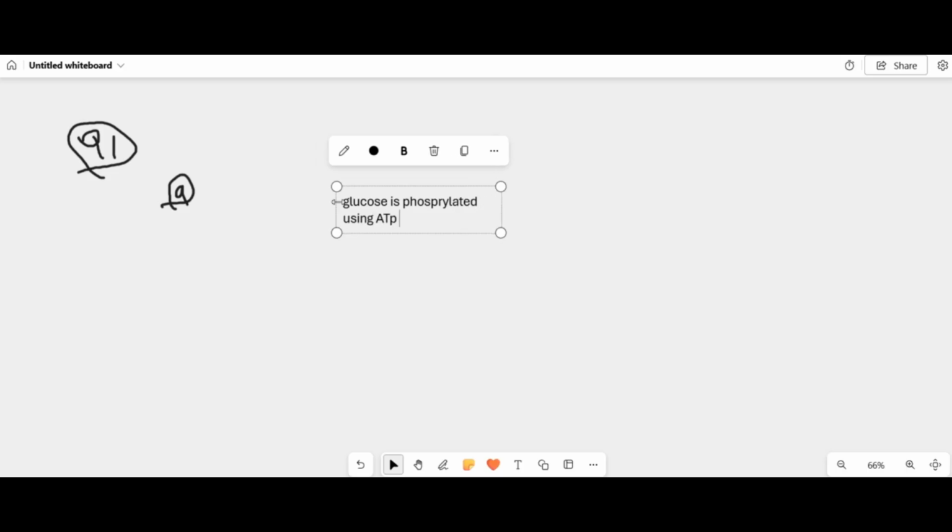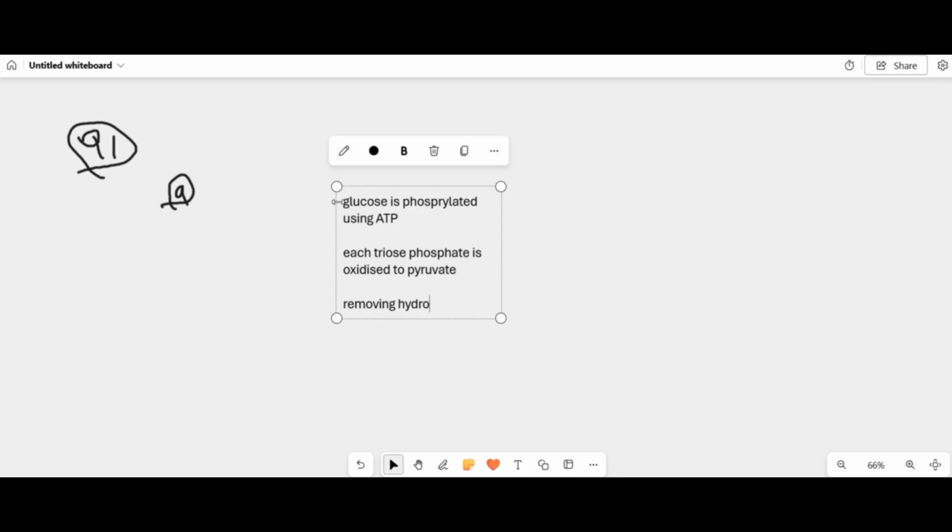So one ATP molecule is used to phosphorylate glucose. Then that forms TP, triose phosphate. Each triose phosphate molecule is oxidized to pyruvate. That's the second step.